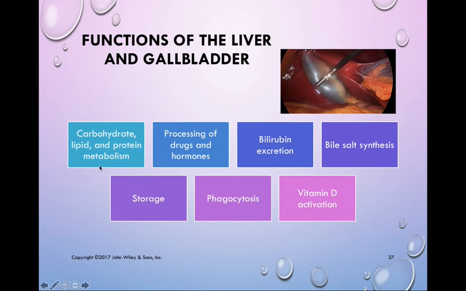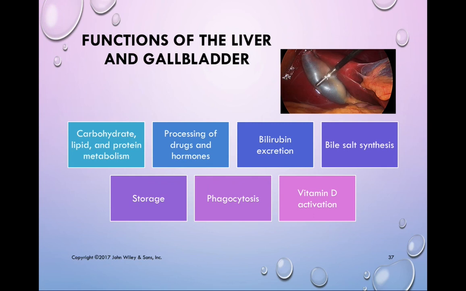We will also note that the liver produces bile, and we're also going to find lots of smooth endoplasmic reticulum in our hepatocytes that will be used to detoxify drugs and poisons. The Kupffer cells inside of the liver will be responsible for phagocytosis, and we're also going to see that vitamin D will be activated to increase calcium absorption with the liver also.